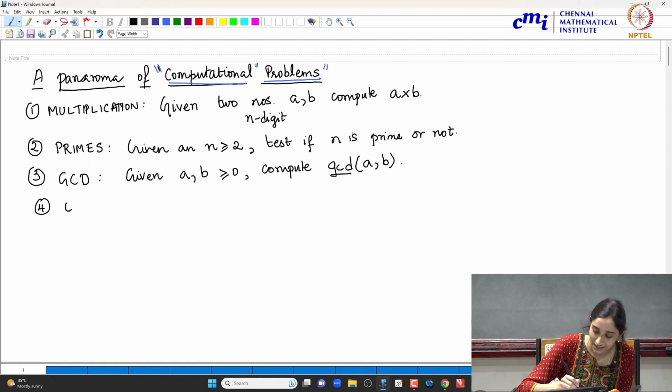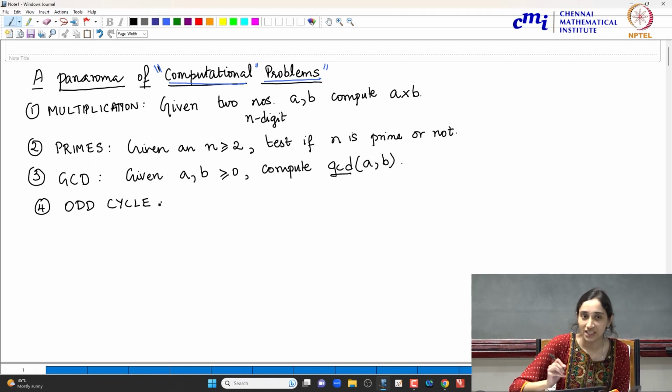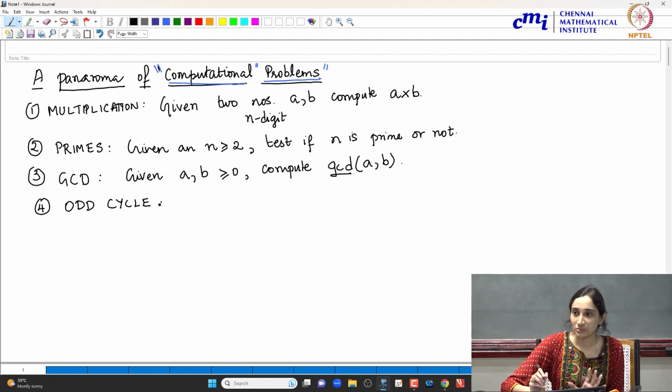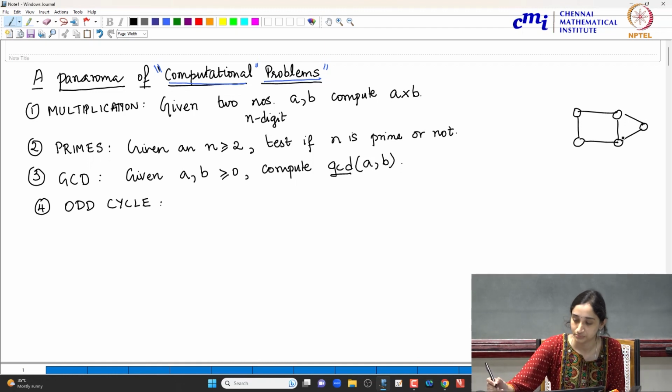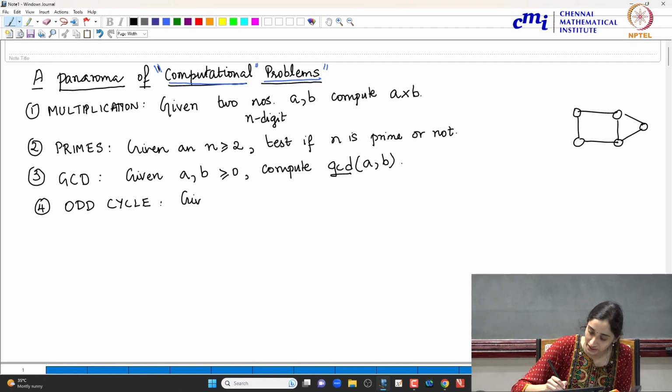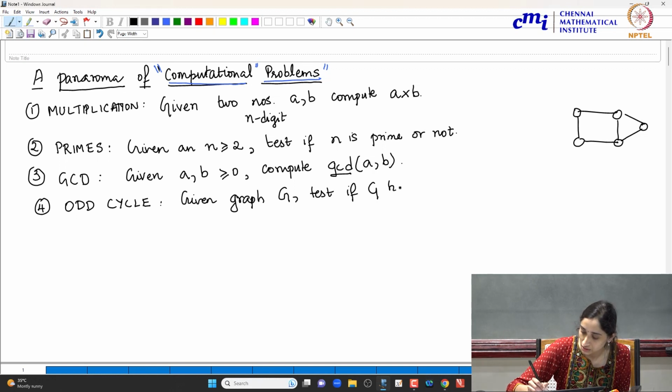Okay, so something slightly different. Okay. So odd cycle. So you're given a graph. Are you all familiar with graphs? Okay, so it looks something like this. It's a bunch of vertices together with a set of edges. Right? So you are given a graph G. Test if G has an odd cycle.